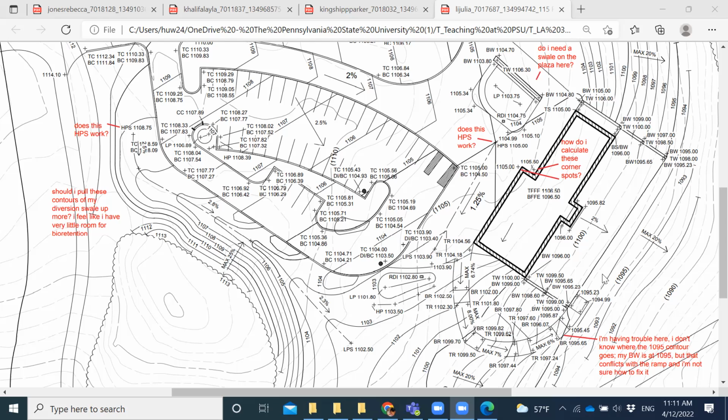The bottom will be 1095.50. You can move everything 1 foot below, change the number.